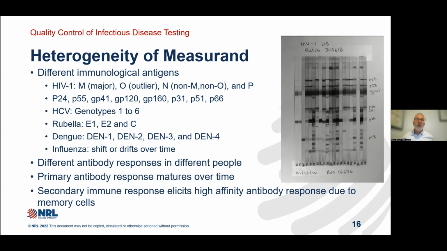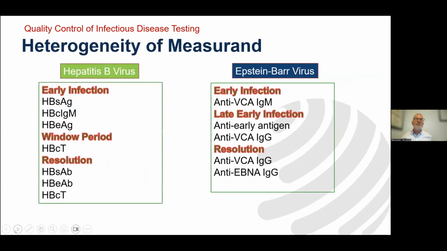But these mature over time. So when you get re-exposed to that virus, your body will respond with a secondary immune response, which is a very effective, high affinity response from the memory cells.